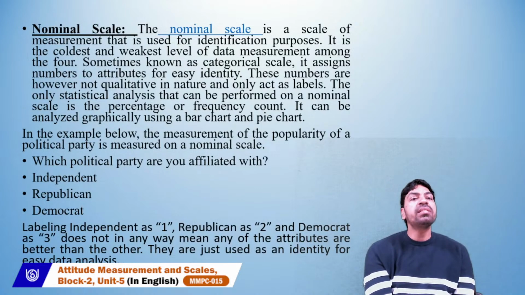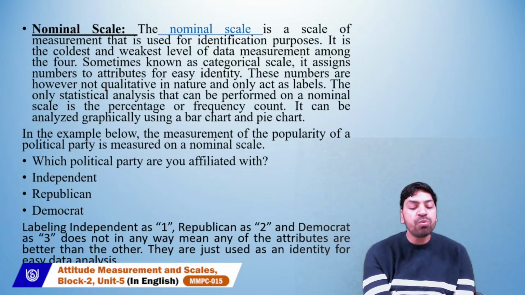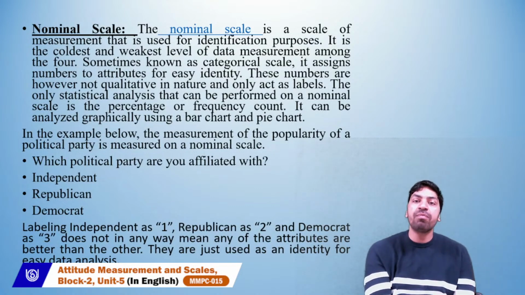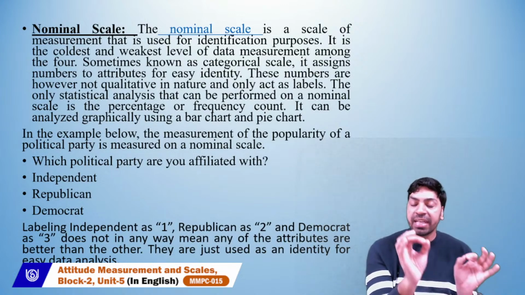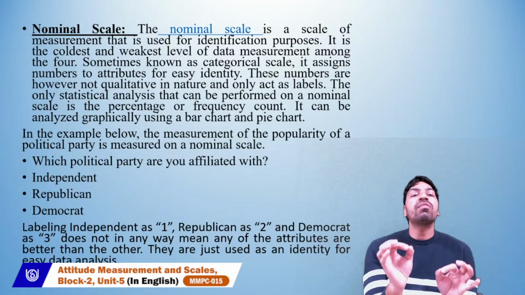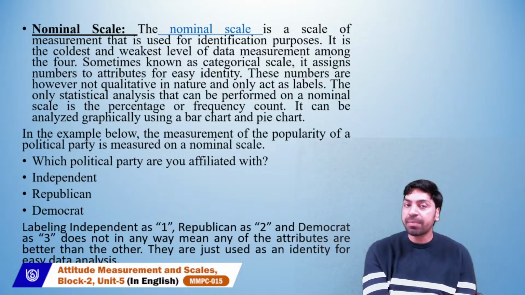The first one is the nominal scale. The nominal scale is a scale of measurement which has always been used for identification purposes. This is one of the simplest and one of the weakest levels of data measurement among the four main types.